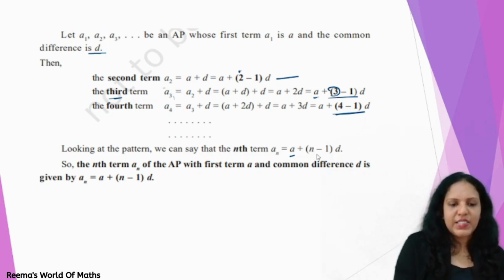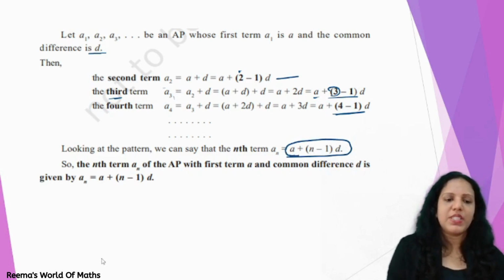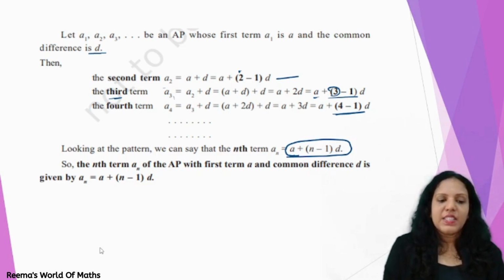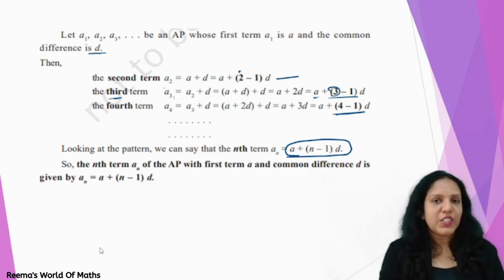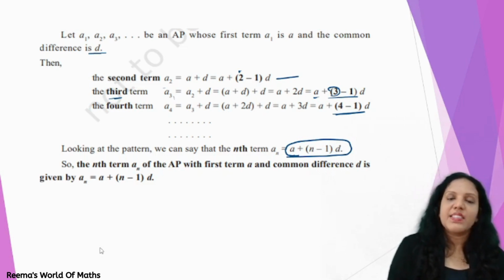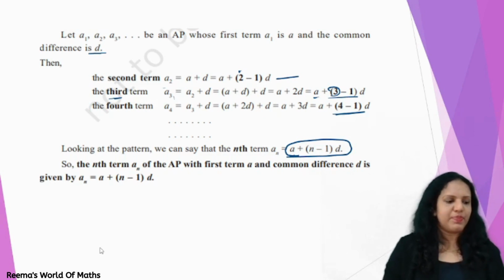So this is the standard formula to find the nth term of an arithmetic progression, which is a plus n minus 1 into d, where a is the first term, d is the common difference, and n is the position of the term.